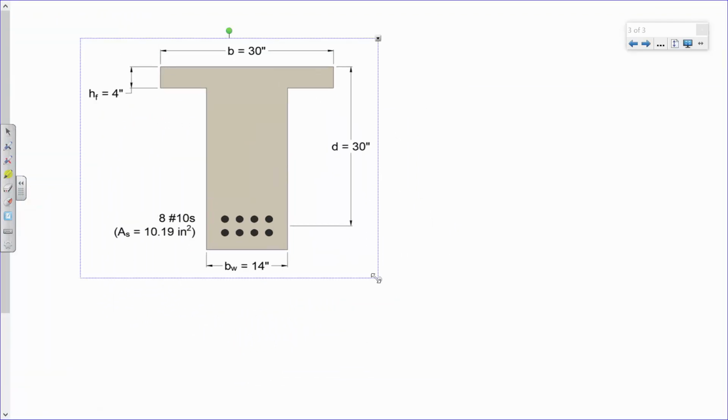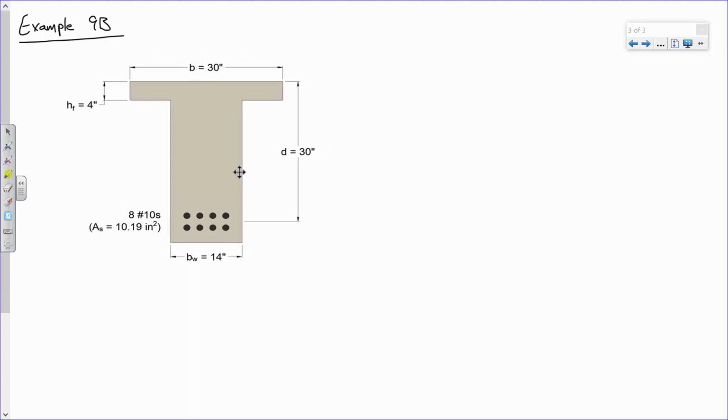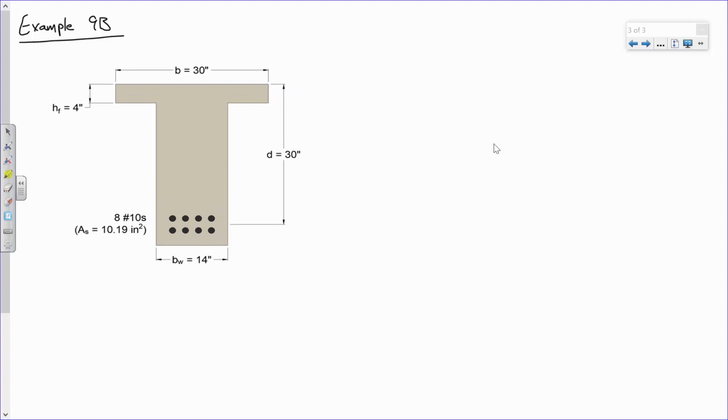Okay, so here's the beam. Here's this. I'll give you a sec to copy that now. Oh, one other thing.